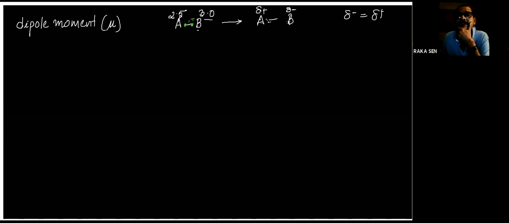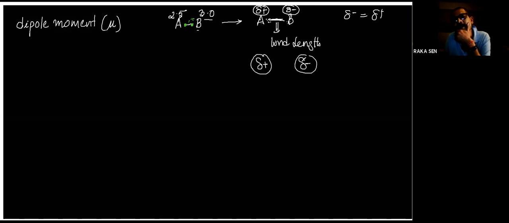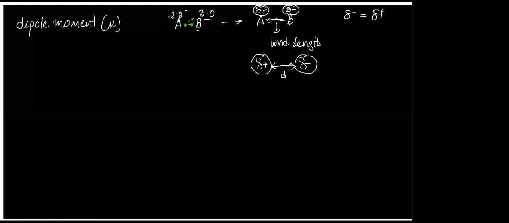So under these circumstances, we have got a positive center and a negative center, and they are separated by the bond length. That means I can write down here delta plus and here delta minus, and they are separated by a distance d.